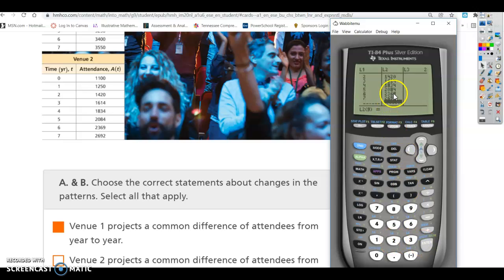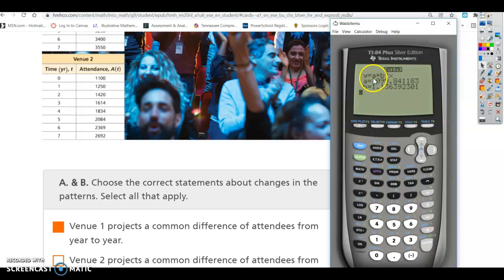Alright, so hopefully I got these correct. And then I'm going to go Stat, Calculate, and I'm doing exponential regression, because I don't think it's linear, because linear would have had a constant rate of change, and it did not. So let's see if this has a percent change. And it does.